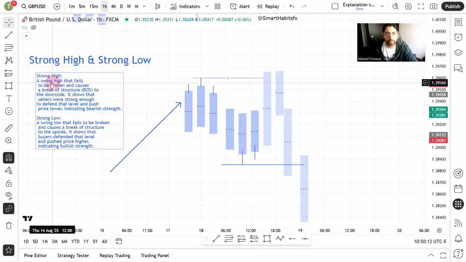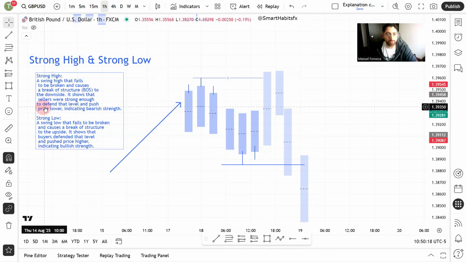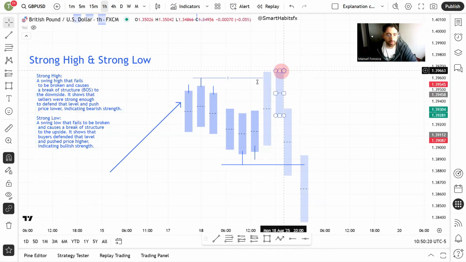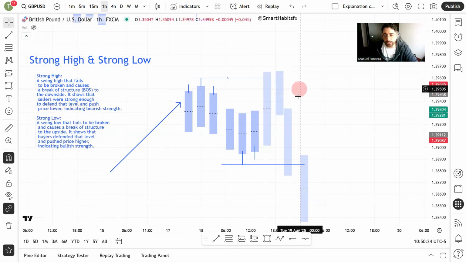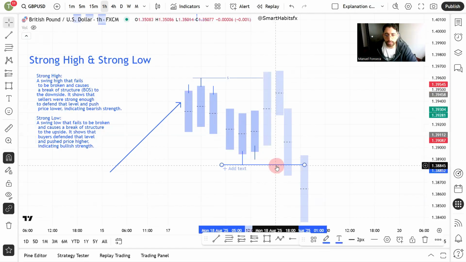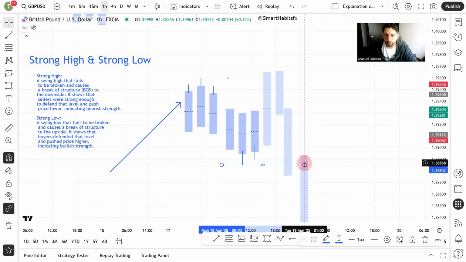It says the strong high, especially this part, shows that the sellers that are here were strong enough to defend that level, which is this one, to push the price lower, indicating bearish strength. And when the price breaks with the body of the candle, the swing high becomes a BOS, which is a break of structure.